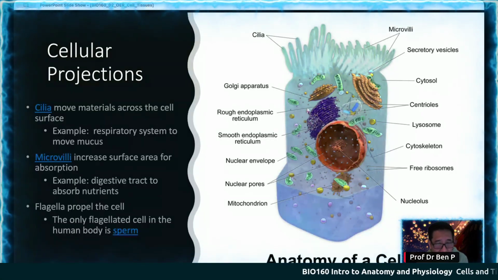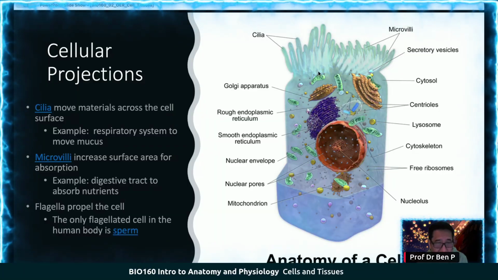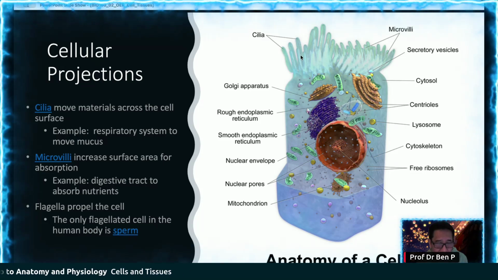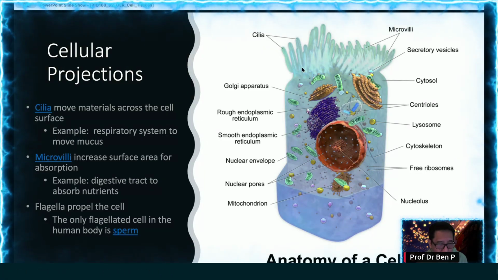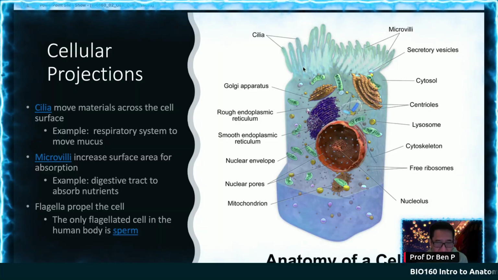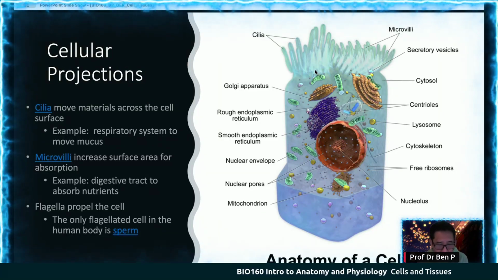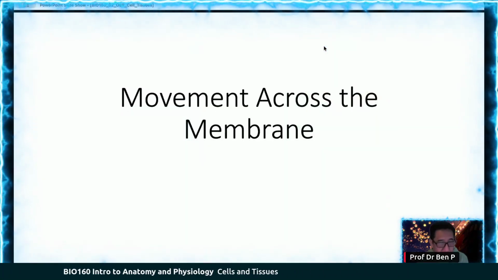Okay, there's microvilli, which is a little tiny hair on those cilia. You have the hair, the cilia, and then you have a little tiny hair that's growing around the cilia. Okay, that's called microvilli, and this is where we absorb food usually. Okay, flagella usually means tail, like your sperm has a tail that is actually used for propelling or swimming, right?